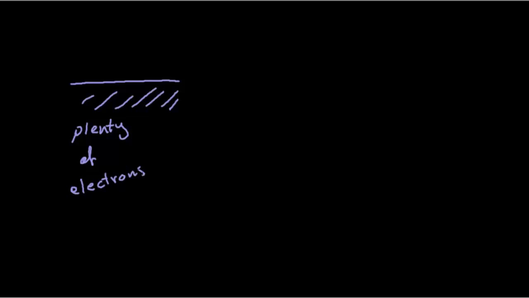So here we are having the material, and there are plenty of electrons in here, and here there is some discontinuity, and because of it we are having something like a barrier, and this one we are going to call the Schottky barrier.